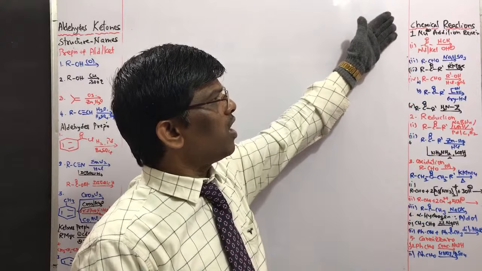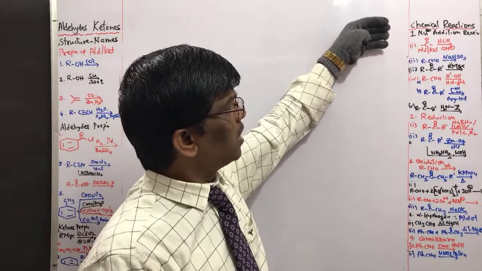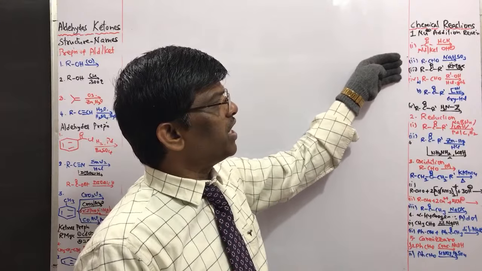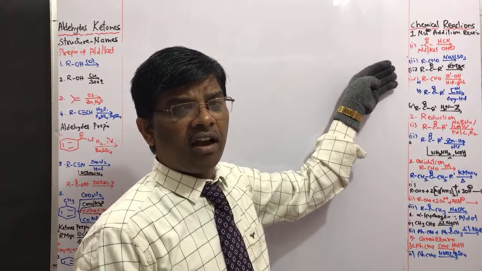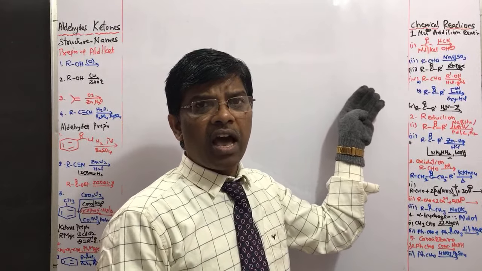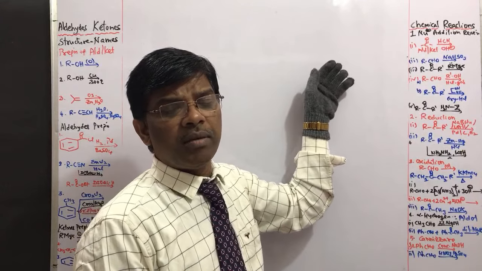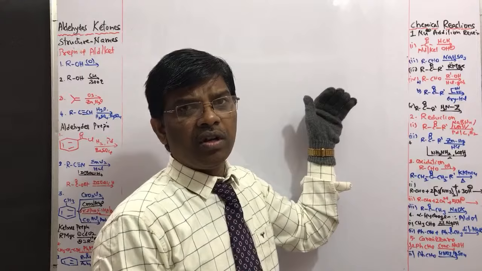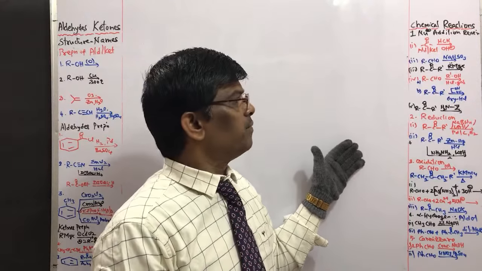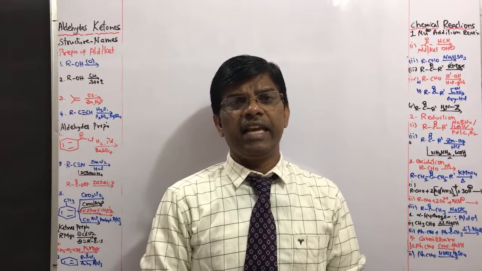Under chemical reactions, we have completed nucleophilic addition reactions: hydrocyanation, sodium hydrogen sulfite addition, Grignard reaction, addition of alcohols to aldehydes and ketones, and ammonia and its derivatives, where we came across imine, semicarbazone, hydrazone, oxime, the 2,4-DNP test, like that. And now we are going to learn oxidation reactions of aldehydes and ketones.